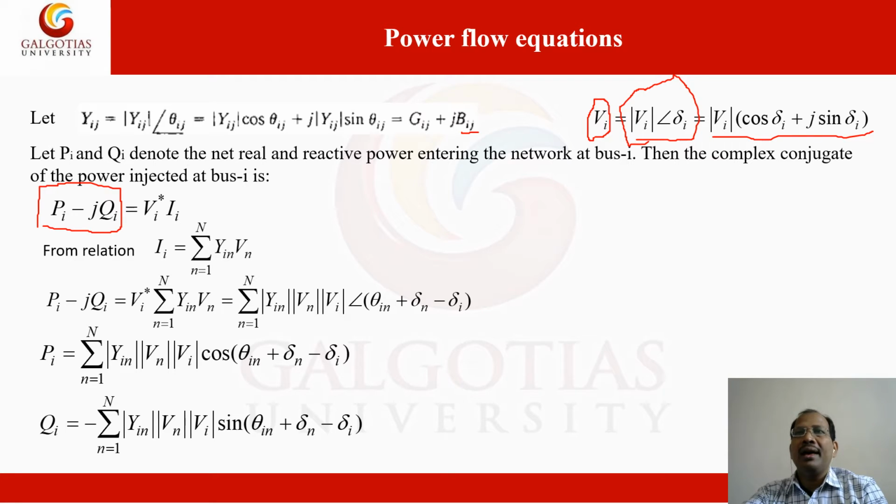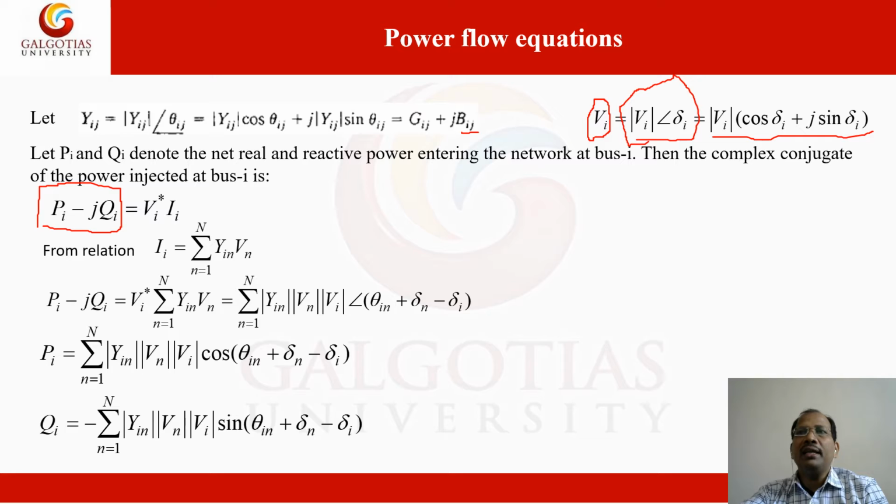So from the relation in the nodal equations, we can see Ii. We are putting this Ii here in this equation, so we are getting this. After the representation of this, Vi conjugate, where Vi is the magnitude of Vi into angle del i.